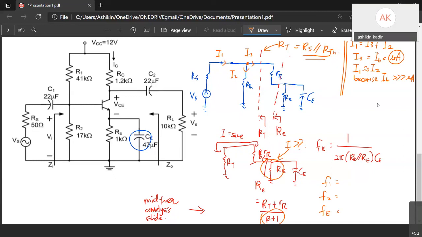If I press my calculator correctly, F1 is around 16 Hertz. F2 would be around 0.65 Hertz. FE is 594 Hertz.